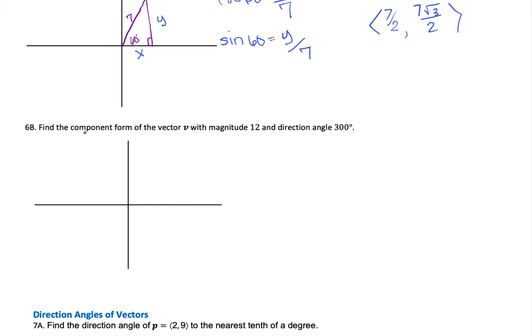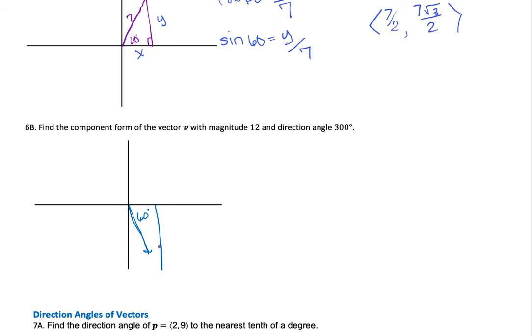And it says, find the component form of the vector v with magnitude 12 and direction angle 300 degrees. Well, 300 degrees means it's going to be right around here. Something like that. So if this is 300, that means this part right here is 60.